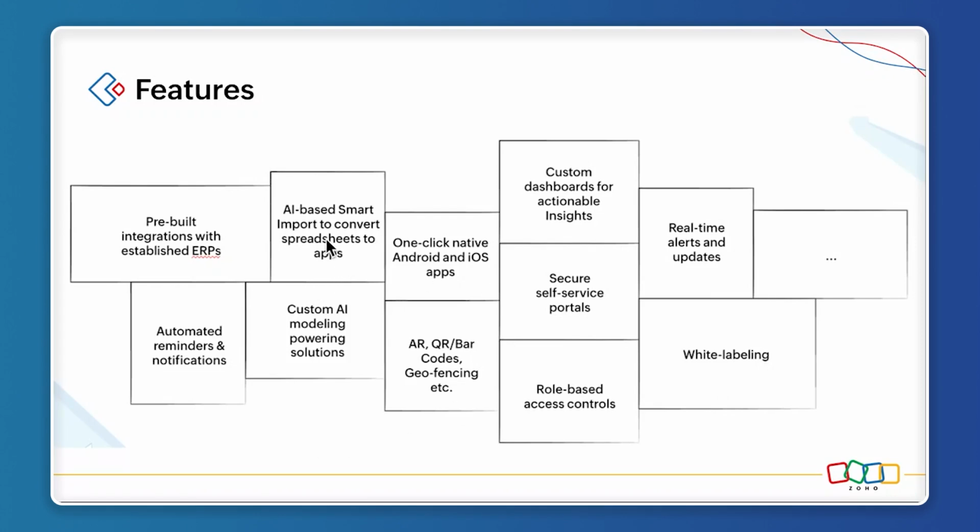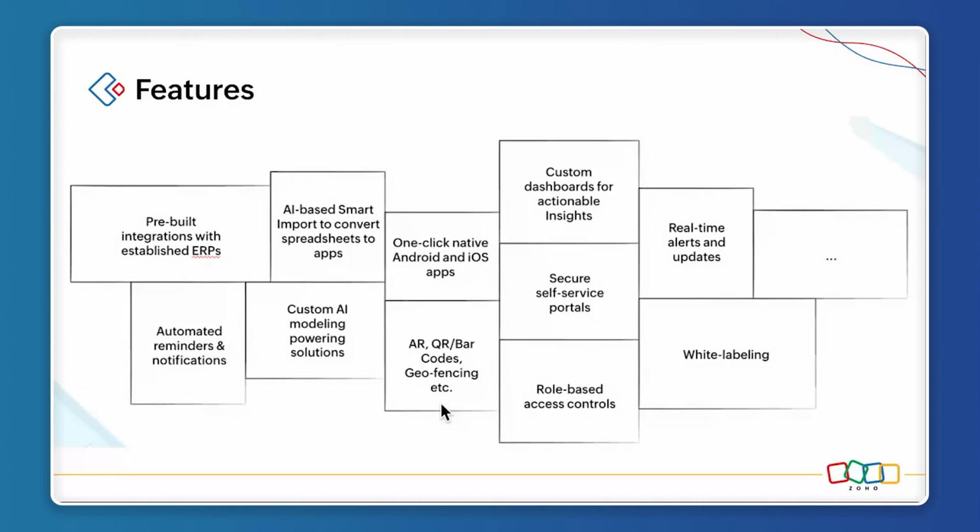So that's again an AI-based feature. Then, whenever and wherever it is required for you to create any custom AI, you can go ahead, and we have also used custom AI. Then you can use our native Android and iOS apps for using this application.